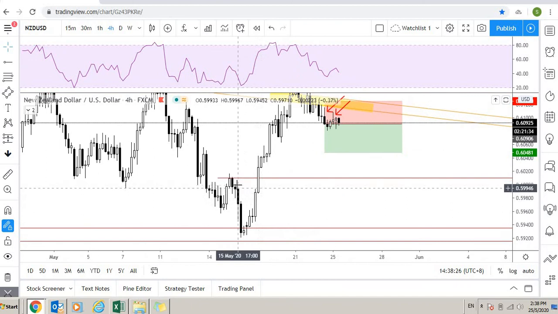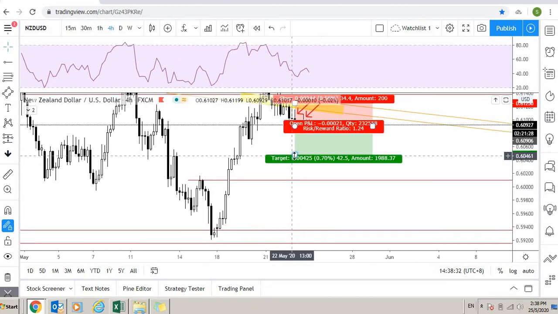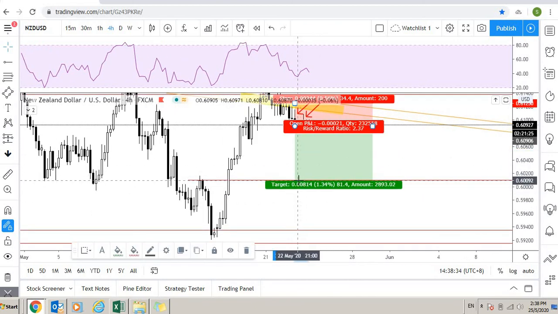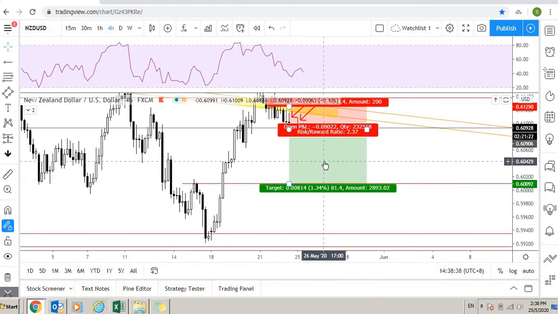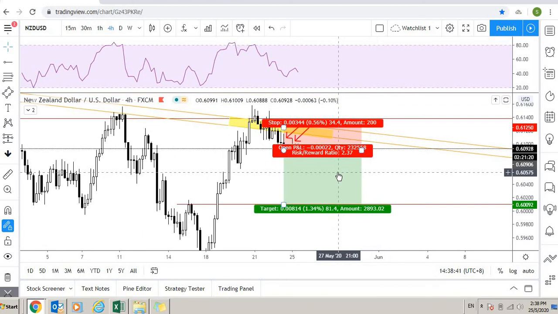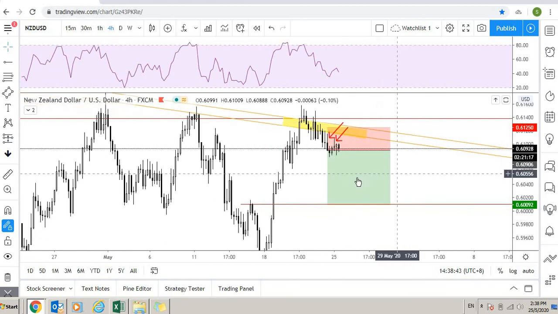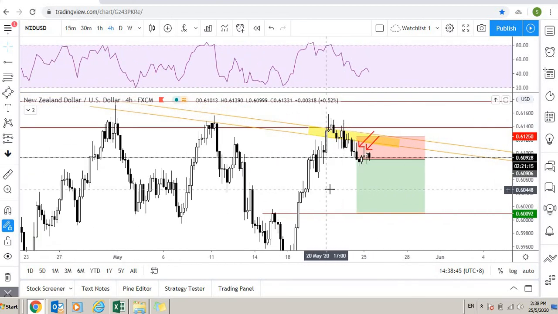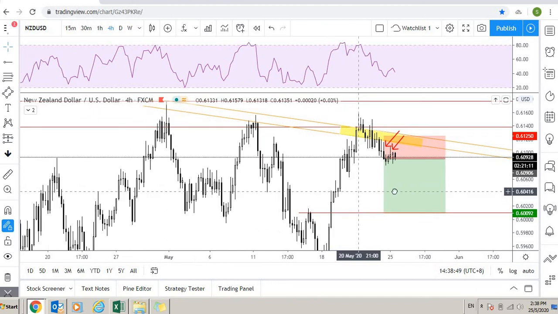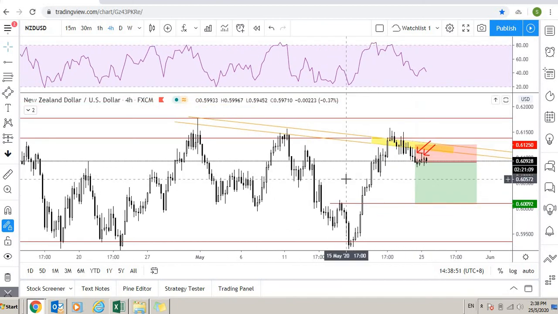So this might eventually turn resistance into a support level. Let's say we are looking at this level, then we still have a very good R ratio, about 2.37. So these are all the analysis that I have for this week. Hope you have a good week, and thanks everyone.